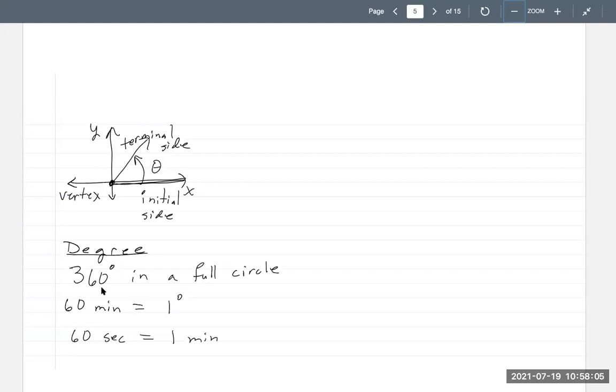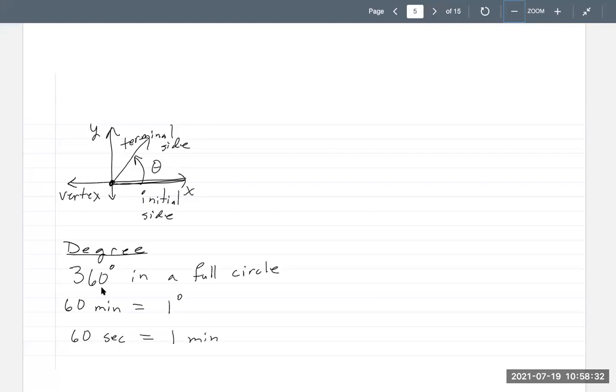Why base 60? Because base 60 is a very easy numerical system where, if you deal with fractions, it's very easy to deal with most fractions. 60 is divisible by 2, 3, 4, 5, 6.